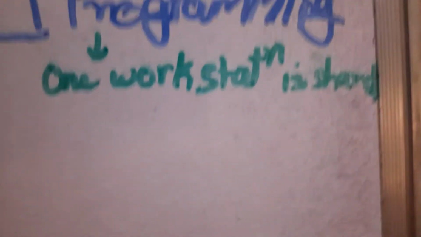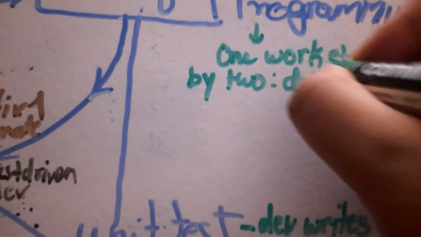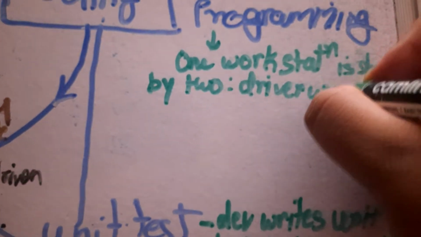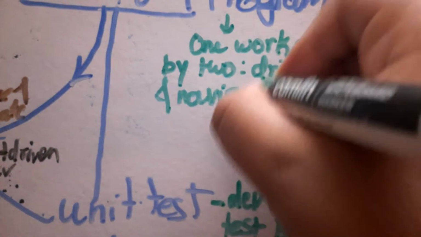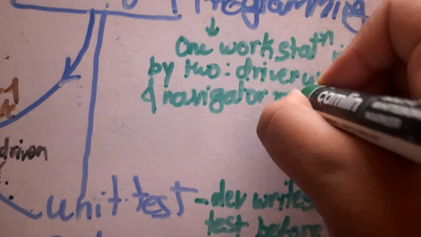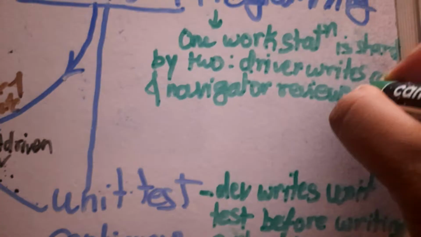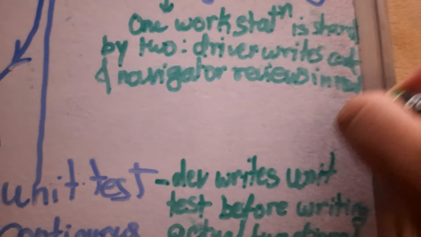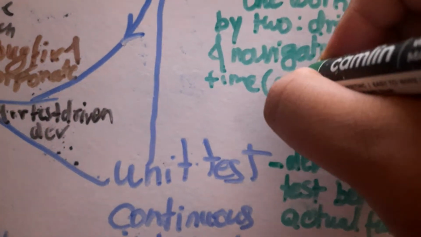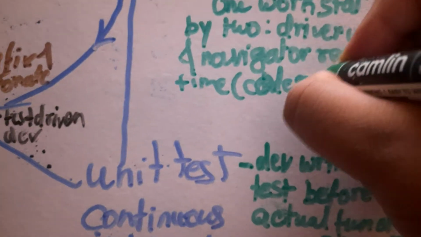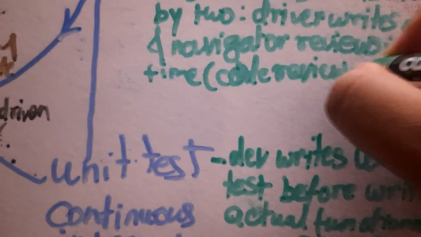Okay, one workstation is shared by two. Driver writes code, and navigator navigates, which means here navigator reviews in real time, which means code. Oh my god, spelling wrong, sorry. Code review good. Code review is good.